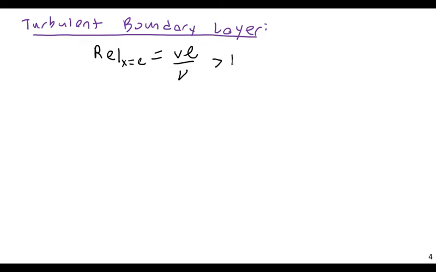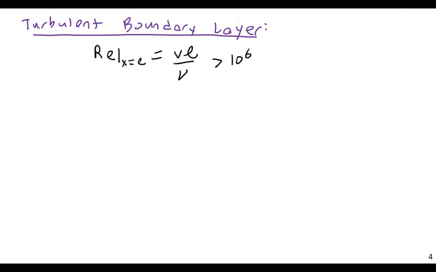Now, it's important to remember that the Reynolds numbers that will define turbulent versus laminar will be different for pipes and plates. So the characteristic Reynolds numbers are going to be different depending on what kind of system you're looking at.